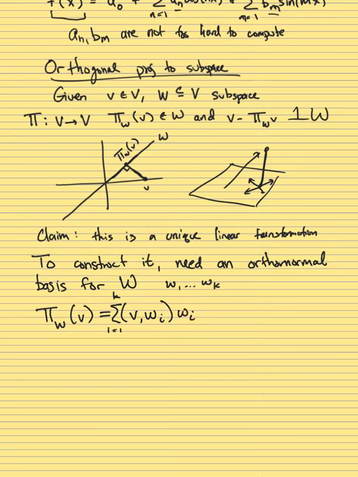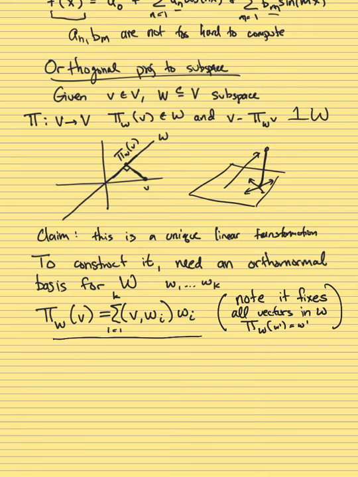Okay, so the first hint that this is kind of the right formula is that you should note it fixes all vectors in W, right? So notice the orthogonal projection should just send w' to w', okay? And that's because we had worked out this formula if you had an orthonormal basis previously, okay? So if you're in W, these are your coordinates and it just sends you to your coordinates. In general, if you have a vector v, it sends you somewhere else.